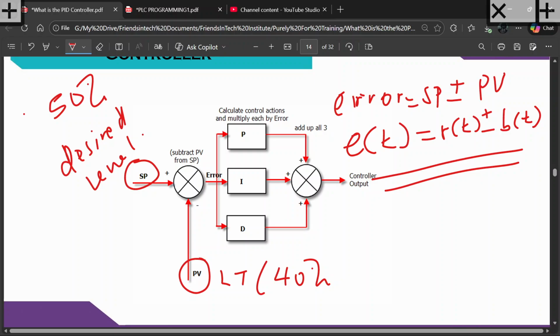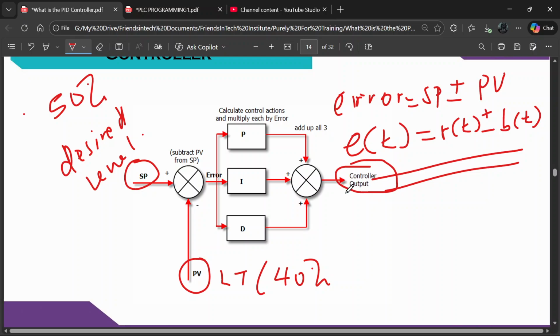Now this error signal is fed to three modes of PID. It will be fed to proportional, it will be fed to integral, it will be fed to derivative. Then each output of this control is given to a summer. So we have a summer here. So it adds these three outputs and it gives what is called controllable signal.